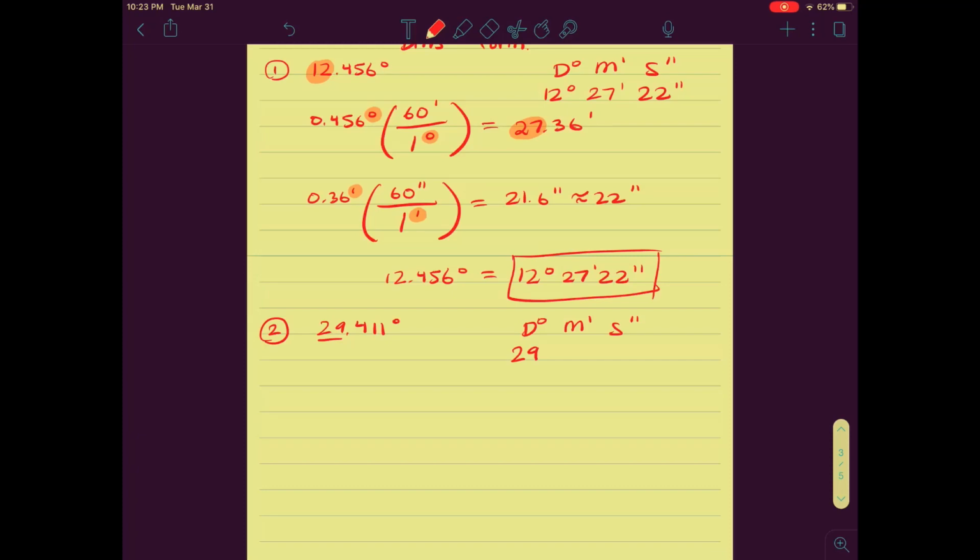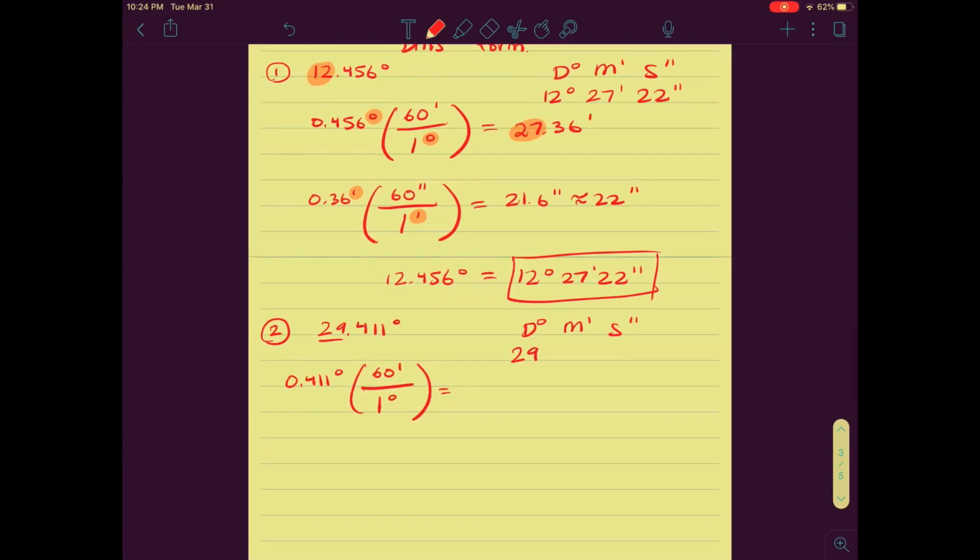The question now is how many minutes and how many seconds do I have? You want to look at the 0.411 degrees, and we're going to convert that into minutes. And the way we're going to do that is multiply by a ratio. 1 degree is equivalent to 60 minutes. If you put this in your calculator, you should have got 24.66 minutes. And so what this tells me is that I have 24 minutes.